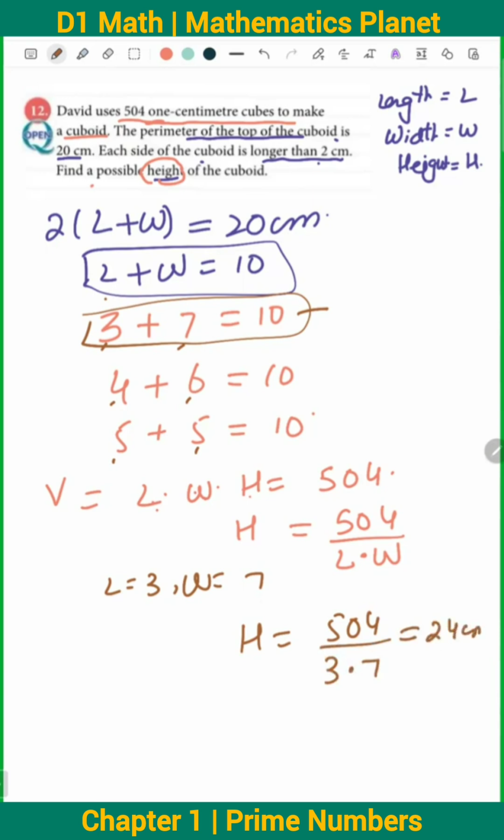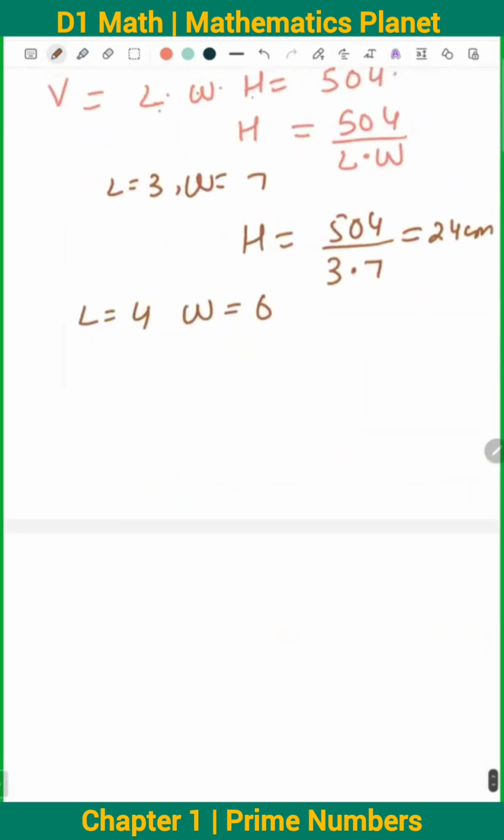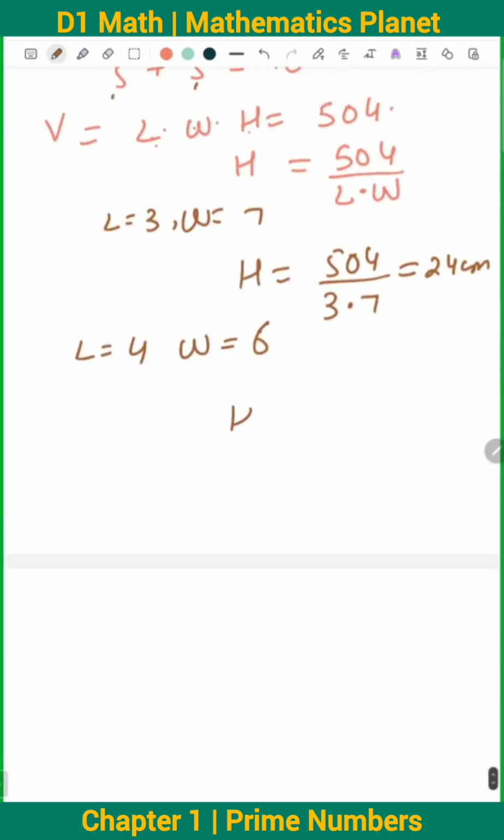Now taking the second option, 4 and 6: if L is equal to 4 and W is equal to 6, height is equal to 504 divided by 4 times 6, which is, yes, simple calculation, students, 21 centimeters.